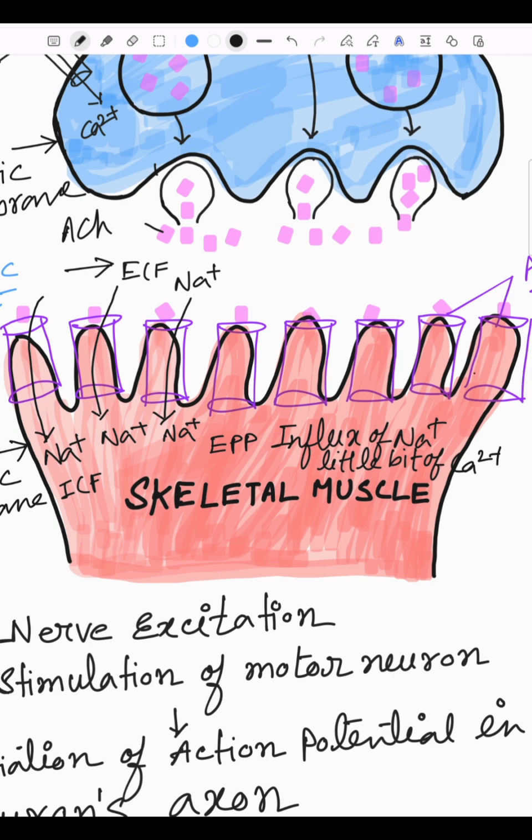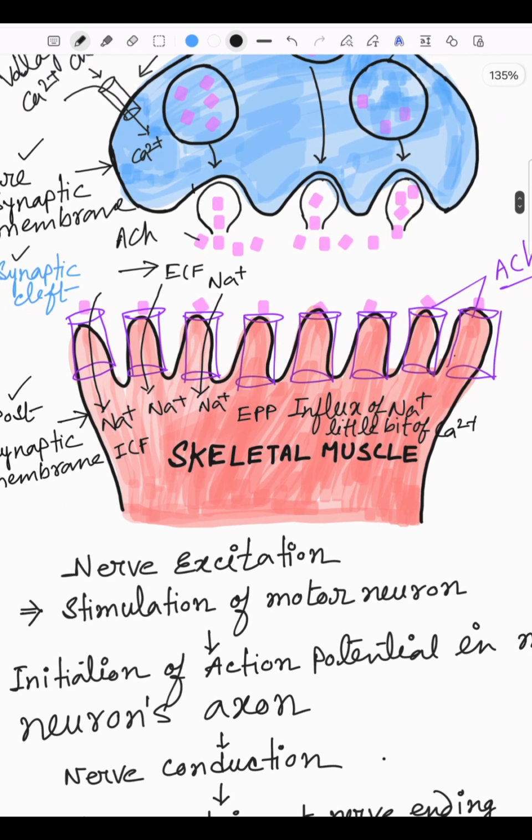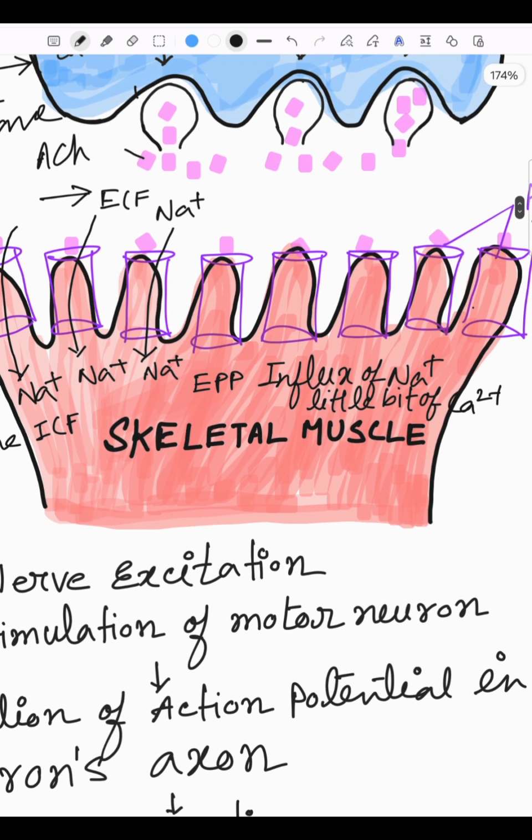For skeletal muscle contraction, we need a lot of calcium channels to be open and a huge amount of calcium. Okay, and for calcium channels to be open, we need to open voltage gated sodium channels.